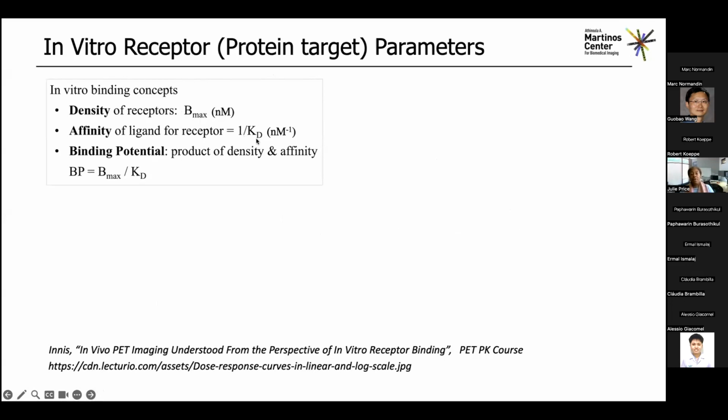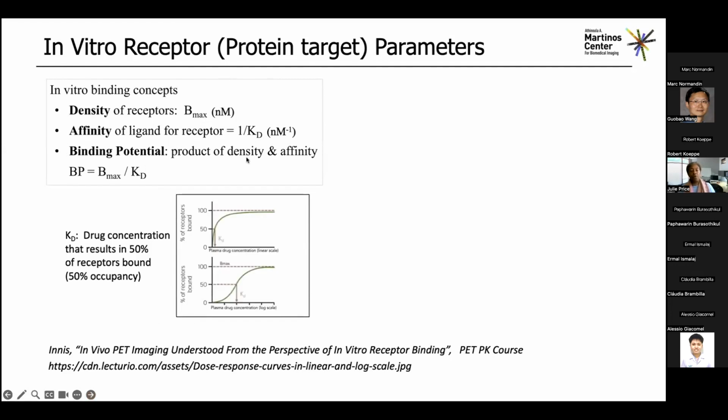And there's also a parameter which we refer to as the equilibrium dissociation rate constant, KD, which is associated with the binding process. The reciprocal of that is how tightly the radioligand binds to the protein target, or the affinity of the ligand for the receptor or protein. And we refer often to a binding potential that's the ratio of these two parameters.